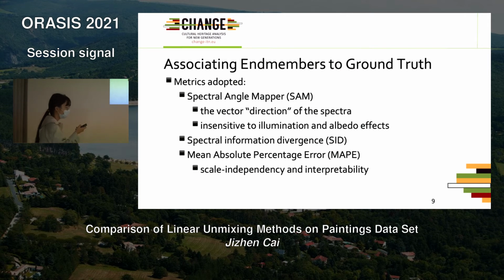Briefly speaking, SAM is more to evaluate the angle, or we say the direction of the spectra, while SID is mainly based on cross entropy, and for the last one, MAPE, we adopt it because its result is presented in the form of a percentage, which is very intuitive compared to SAM and SID.